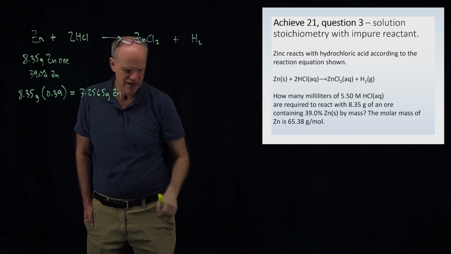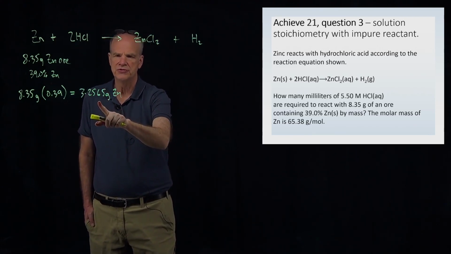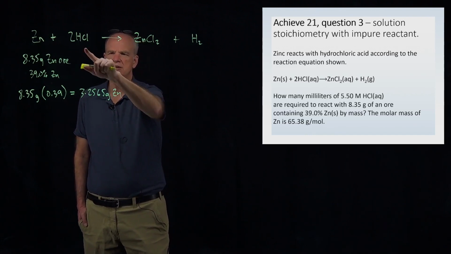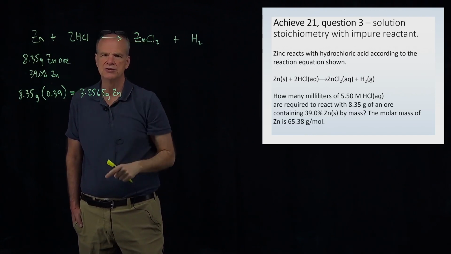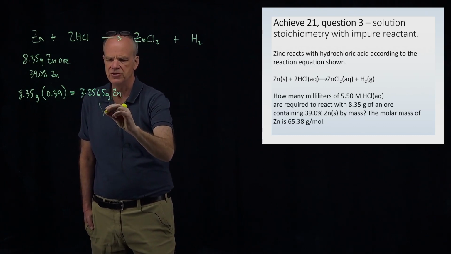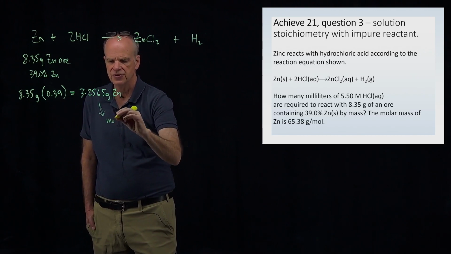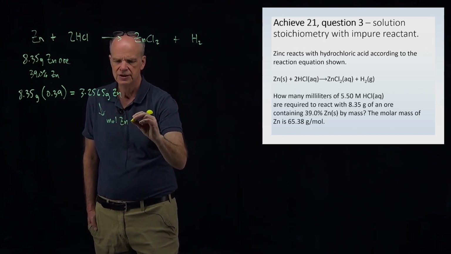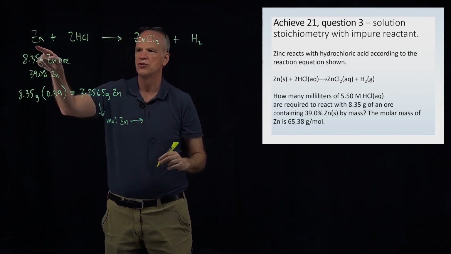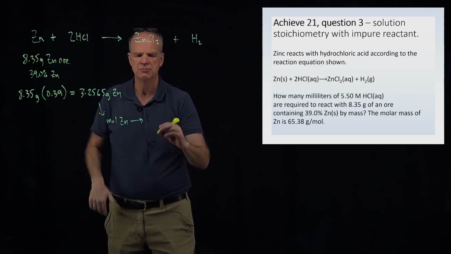Okay, so now we're at a good starting place. We're at grams of zinc, and we're trying to find milliliters of HCl. So let me suggest a way to do this. If you have grams of zinc and you know the molar mass of zinc, you can figure out the moles of zinc pretty easily. And then once you're at moles of zinc, you can use the mole ratio of 1 mole zinc to 2 moles HCl to get moles HCl.